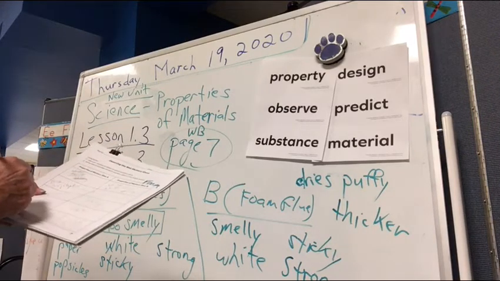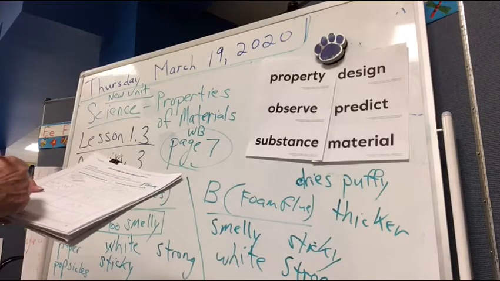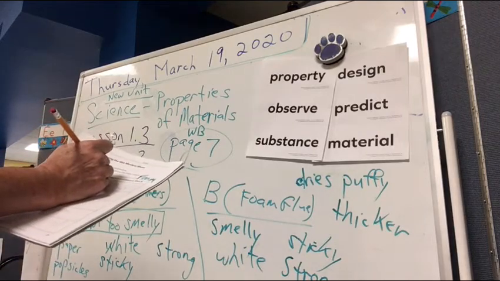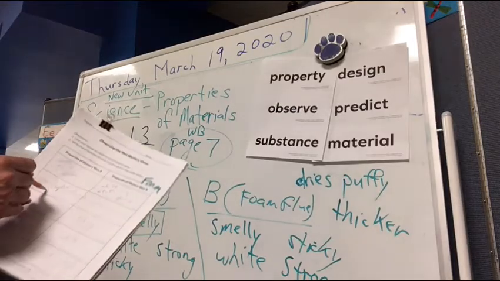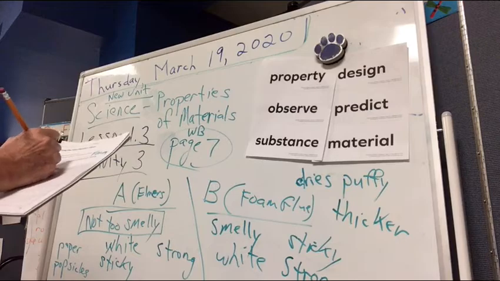Number A dried flat. The Elmer's glue dried flat, is white, it was strong, it sticks many things together, and it's not too smelly.